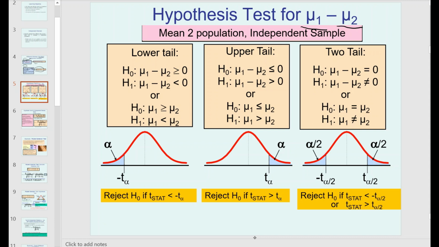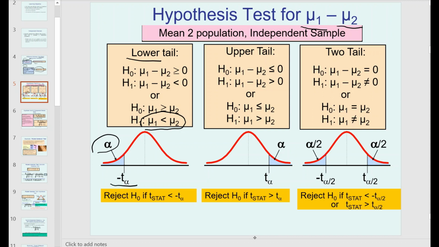If you still remember the previous video, we also talked about lower tail, upper tail, and two tail. Remember that for lower tail, your alpha, we don't need to divide by 2 because it is one tail. For one tail cases, we have lower: if your H alternative states less than, when you see this symbol, of course it refers to lower tail. Lower means your left side, so we're talking about the negative side here.